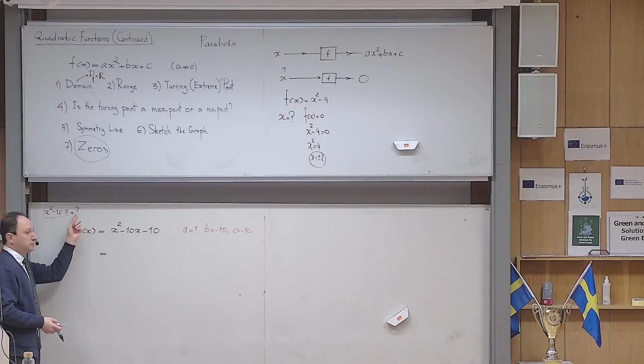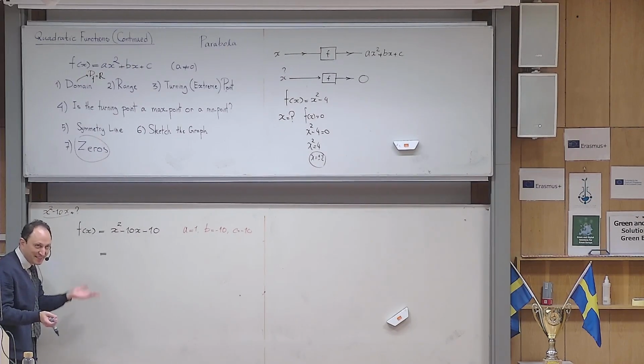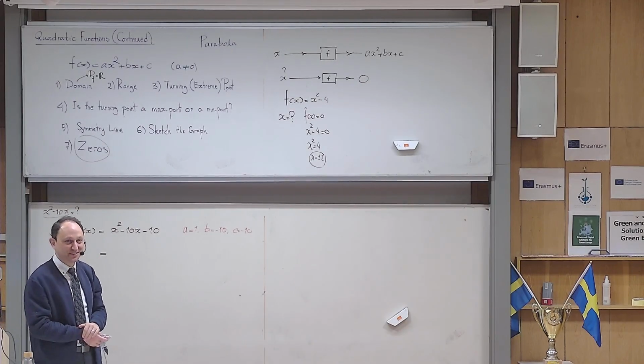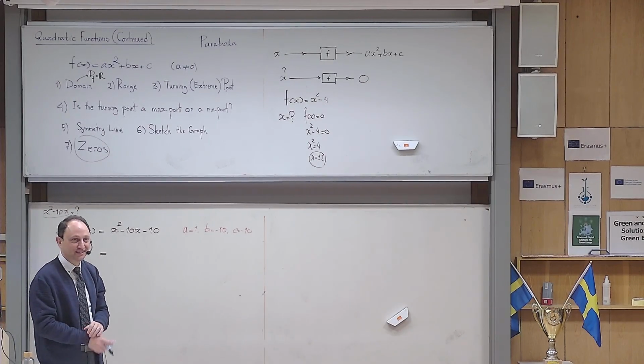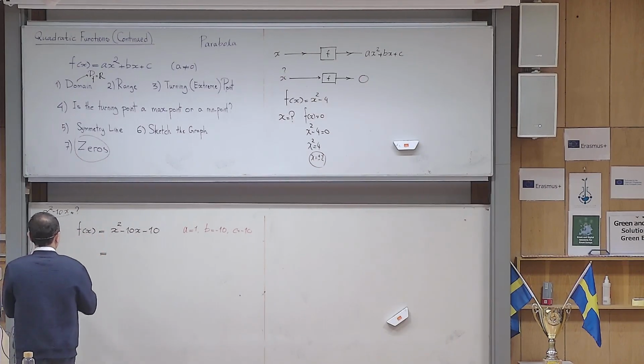What number should I put here so that this, and that number that I propose together form a complete square? That's what we're looking at. Say something, yes. What is that number? 25, yes. So that is 25.